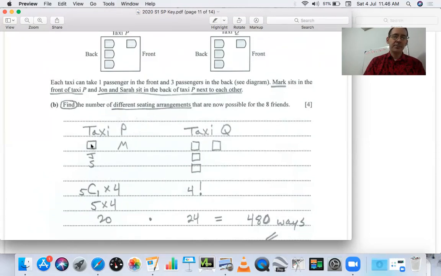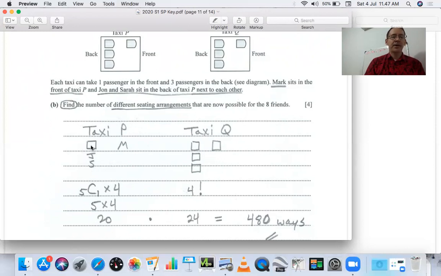But he could be at this end or at this end. So John and Sarah can be here. That's one possibility. Or John and Sarah can be up here with this other person down in the third slot. So that's two. Then it just says John and Sarah have to be next to each other, so it could be John, Sarah, or Sarah, John. Same thing with up here.